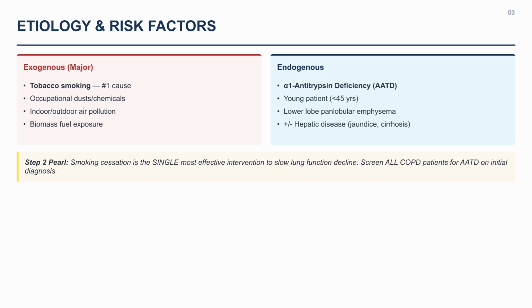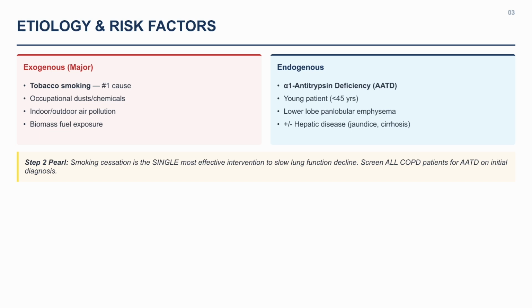The etiology of COPD is divided into exogenous and endogenous factors. The number one cause, by far, is tobacco smoking. Other exogenous factors include occupational dust, chemicals, air pollution, and biomass fuel exposure. The most important endogenous cause is alpha-1 antitrypsin deficiency, or AATD.